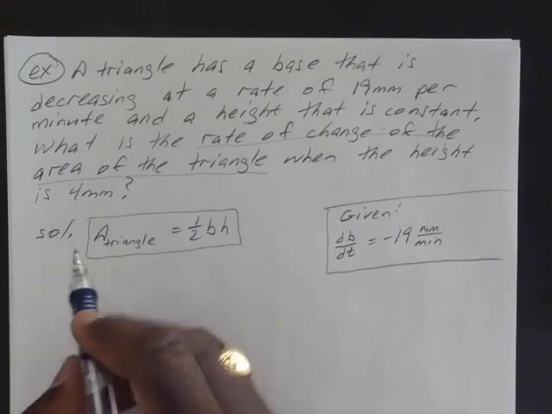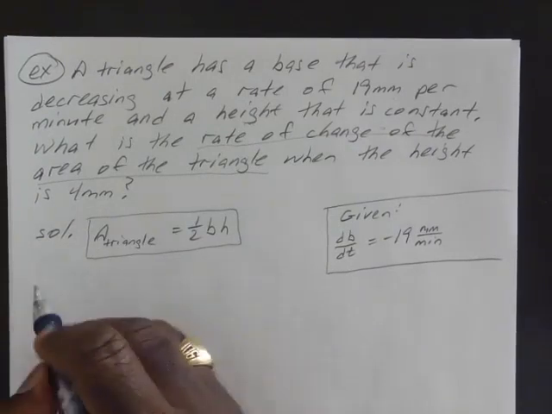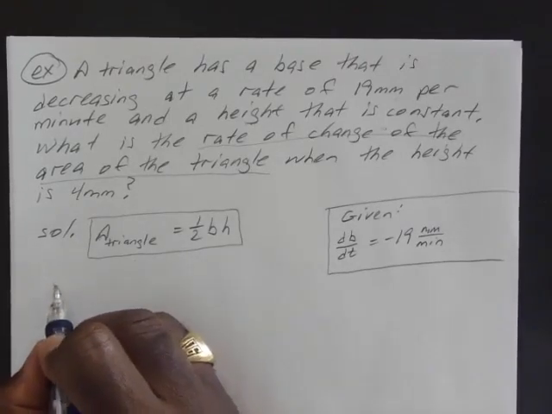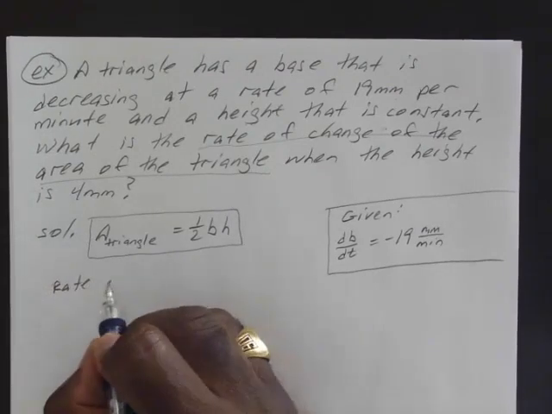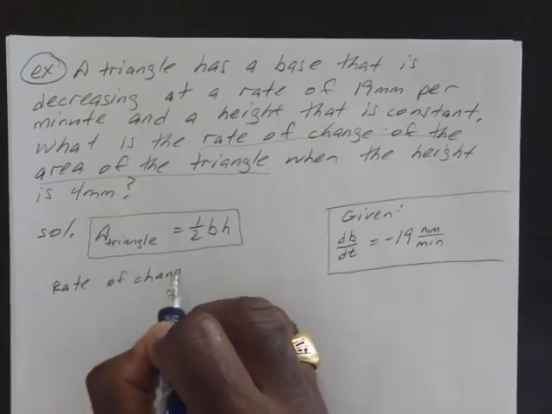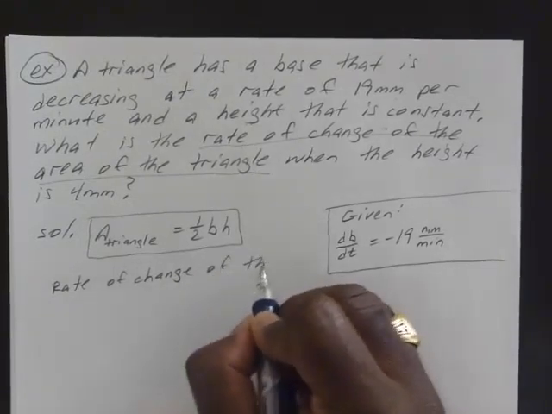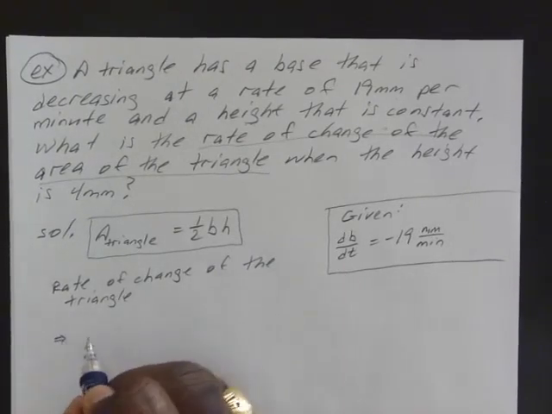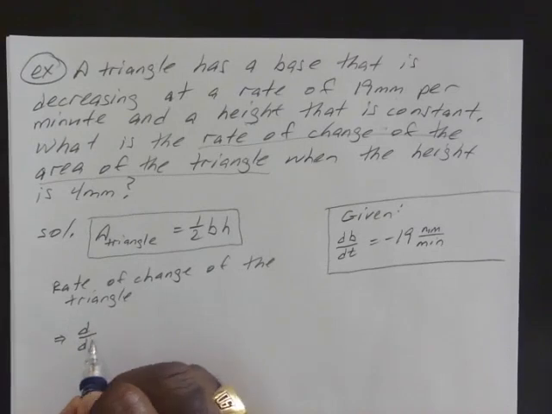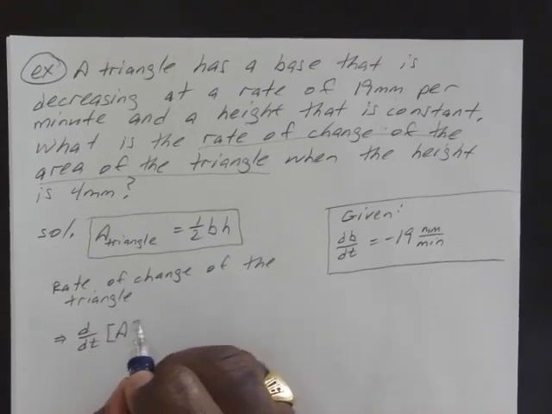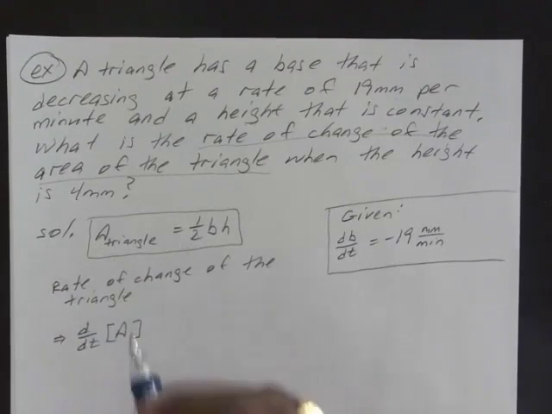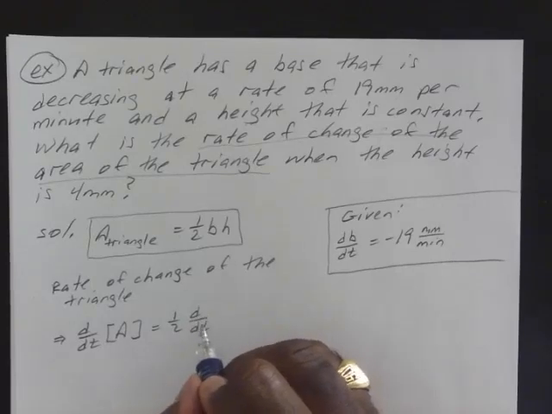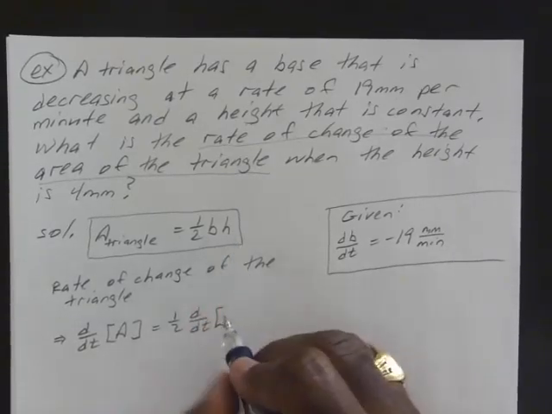Okay, so let's say if we go ahead and apply the derivative with respect to time to both sides. So we know the rate of change of the triangle is just, when we apply the rate of change with respect to time, the area is equal to 1/2 times the rate of change with respect to time of the base times height.